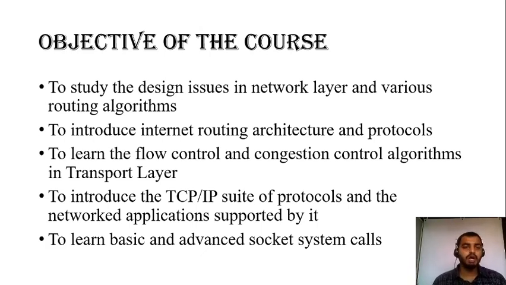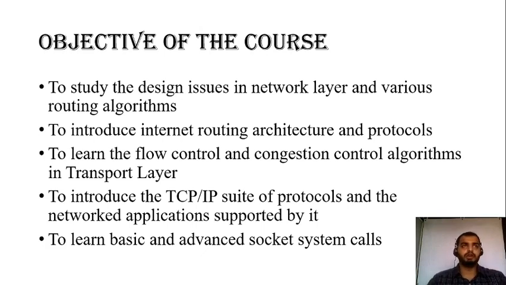The next point is to learn the flow control and congestion control algorithms in the transport layer. As I have said, flow control is about how the packets move. The reason I am using packets is that the information you are transferring from one side to another is transferred in packets, and it is routed with reference to the routing table.